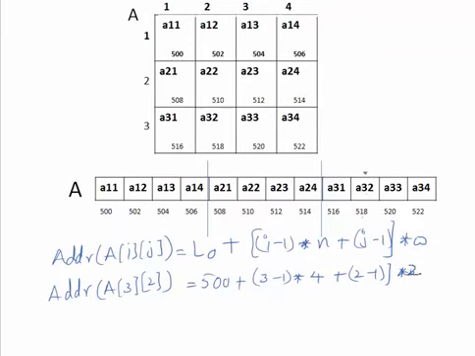This whole thing is multiplied by w. And this is 500 plus 8 plus 1, 9 into 2. So this is 518. That's it. This is all about row major representation.